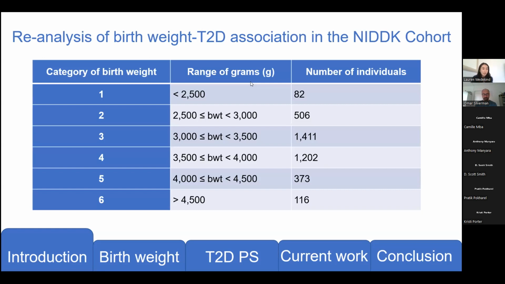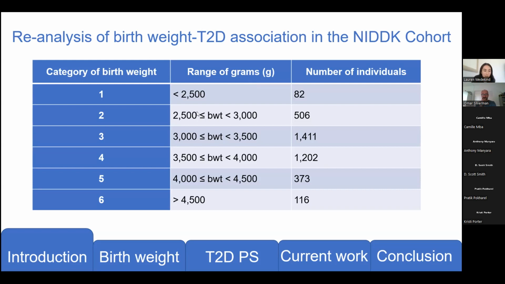So I did a refresher to just analyze the relationship between birth weight and type 2 diabetes within this cohort to see if the relationship was U-shaped. So I did a quick analysis, splitting the individuals into categories of birth weight. Each category didn't have the same number of individuals, but they were preset in terms of the range of grams.